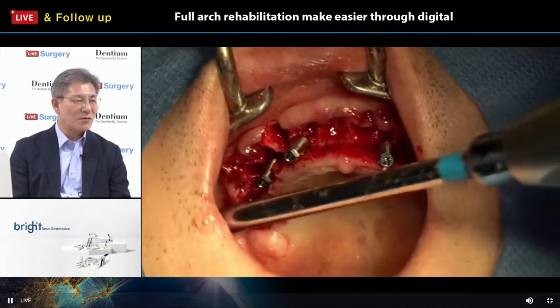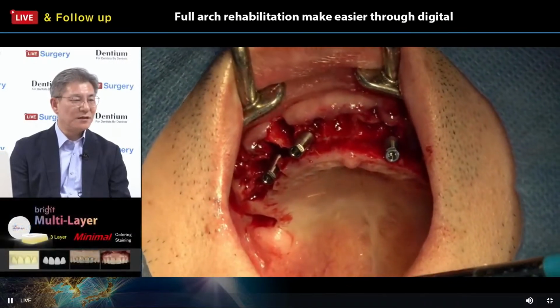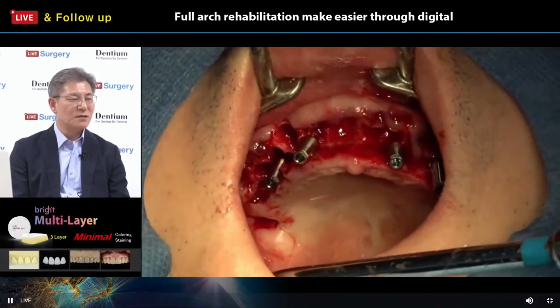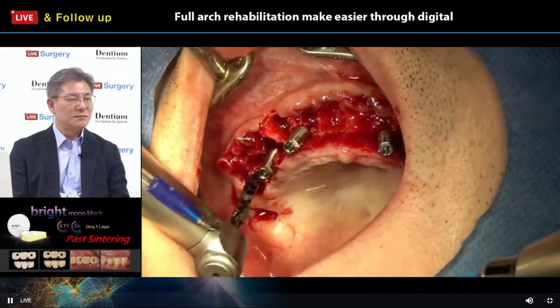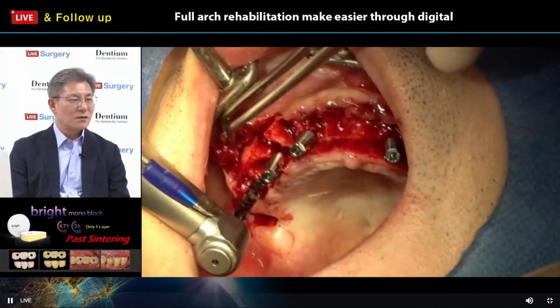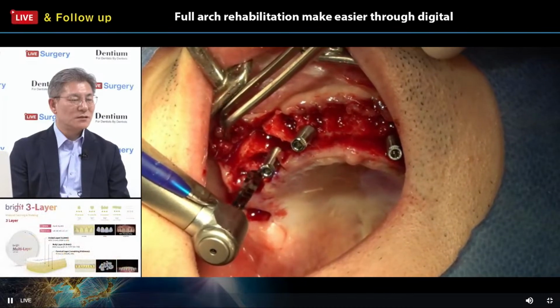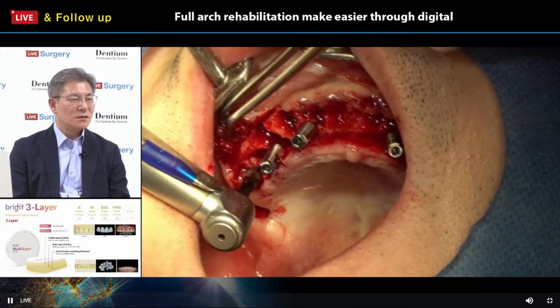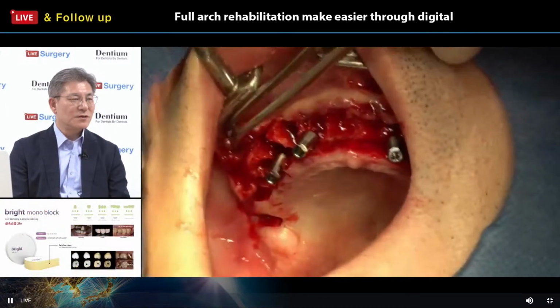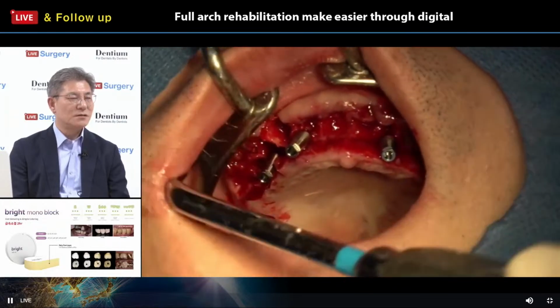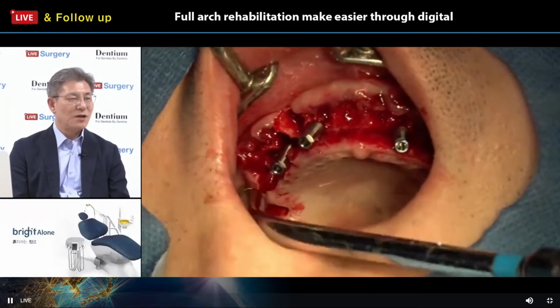The remaining alveolar bone is squeezed by this drilling process. Okay, once more. 4.0, 9 millimeter.